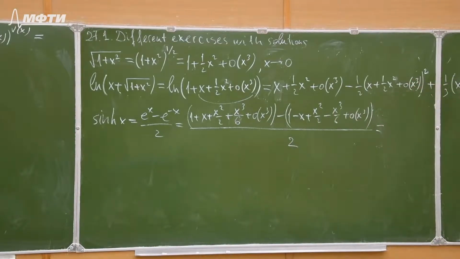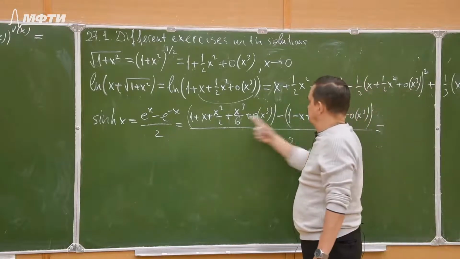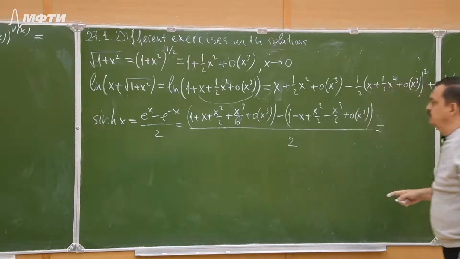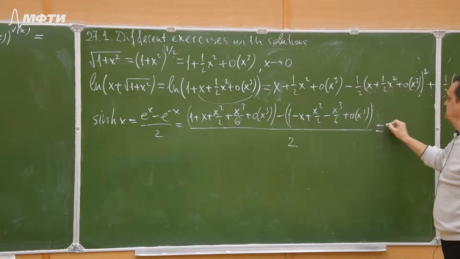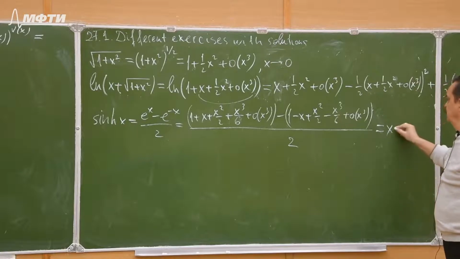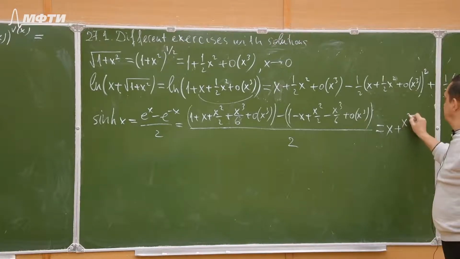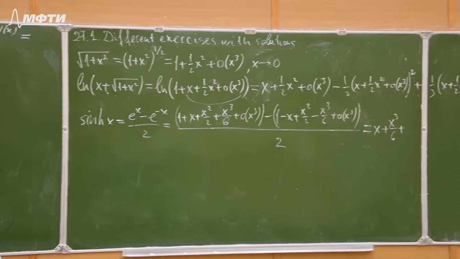So we cancel 1, we cancel x squared over 2, we double x, so what remains after dividing by 2? x plus x cubed over 6 plus little o of x cubed.